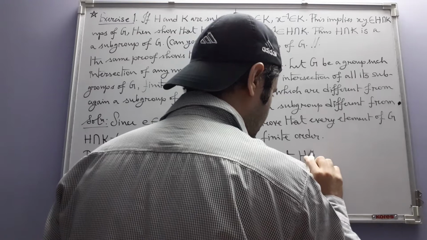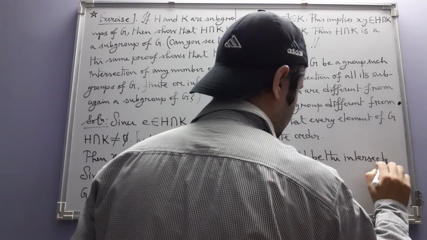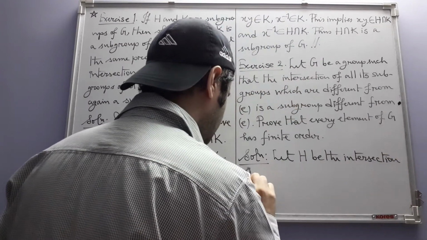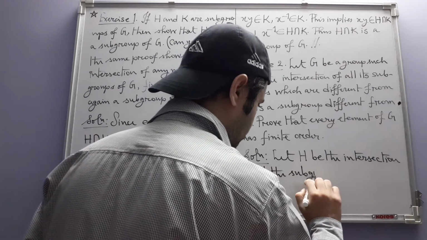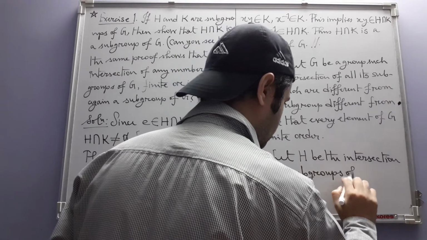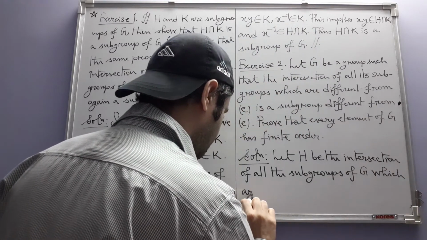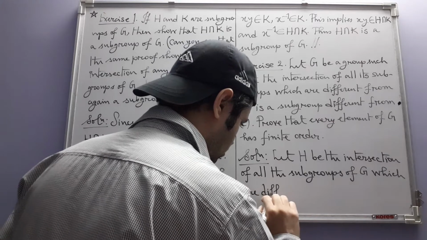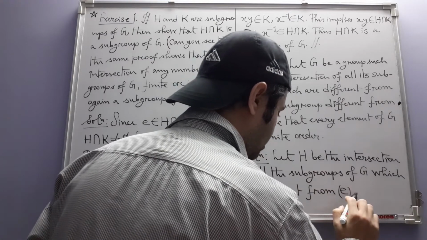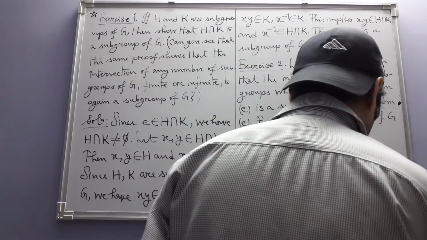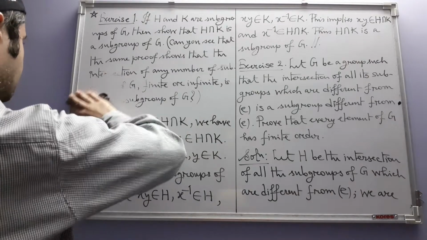Let H be the intersection of all the subgroups of G which are different from the trivial group, and we are given that this H is different from the trivial group itself.